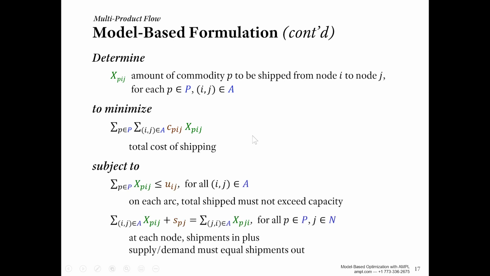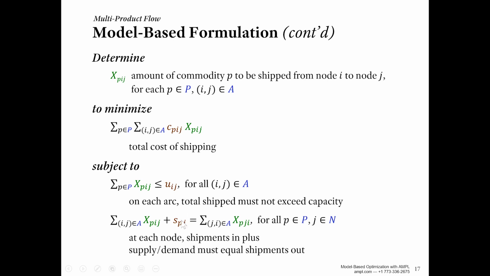Okay? And then there are similar expressions for the restrictions. And there are basically two restrictions. One says that if I sum up all the products shipped on a given arc, the total may not exceed the capacity. And at each node, if I take the shipments in to that node plus the supply or demand, that has to equal the shipments out. Okay?